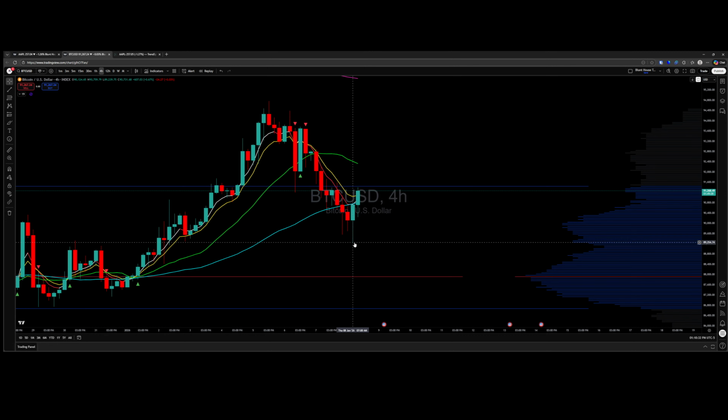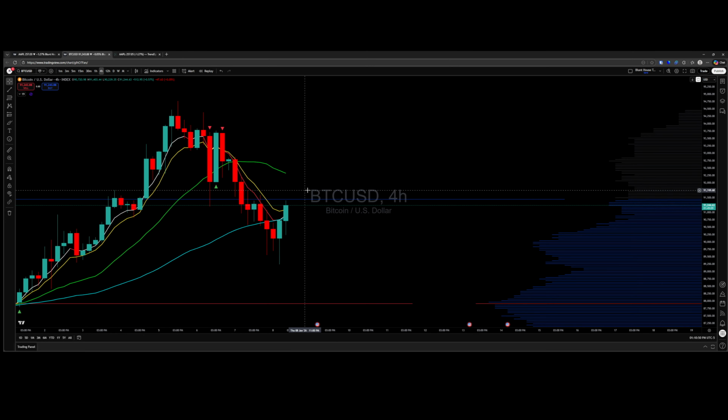When that happens, it takes a tremendous amount of momentum because the pull and the drawdown was so significant. It takes a lot of momentum to pull this up through this level to start to change trend. And I think you can see here, even on this 4-hour chart, you could end up with a third green candle.